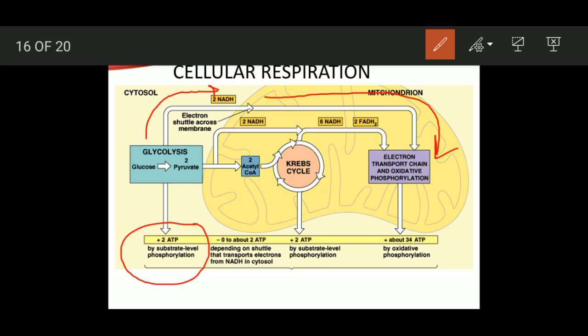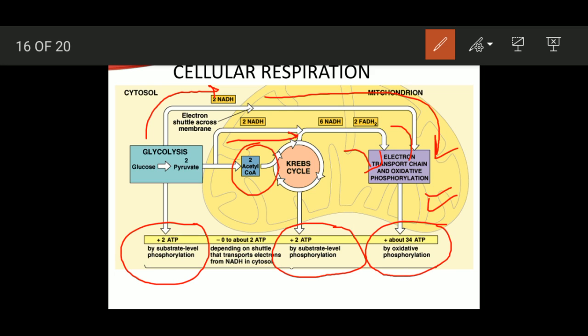And in the acetyl coenzyme A step you can see that NADH is formed and shifted to the electron transport chain, and in the Krebs cycle also 6 NADH and 2 FADH2 are formed and carried to the electron transport chain. In the Krebs cycle you can see 2 ATP are directly formed by substrate level phosphorylation without going through the ETC, and in the electron transport chain about 34 ATP are formed by oxidative phosphorylation.